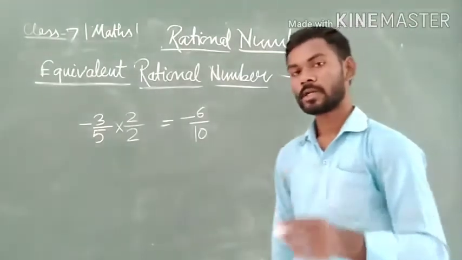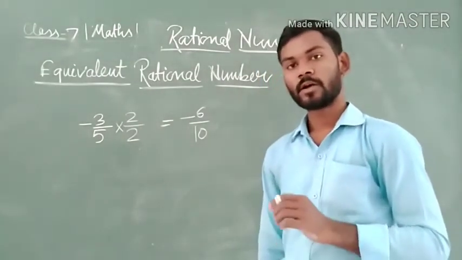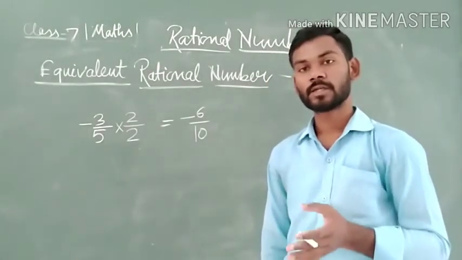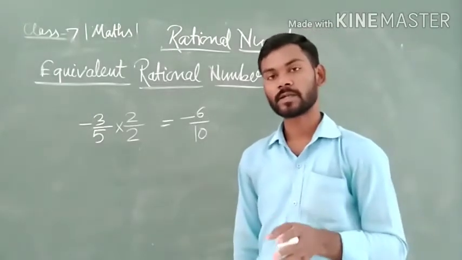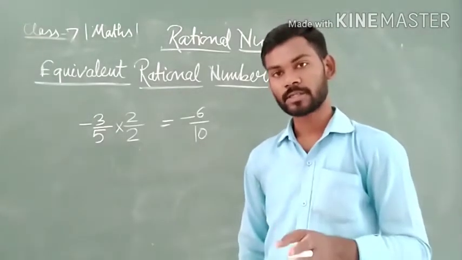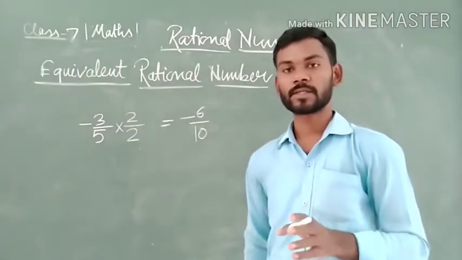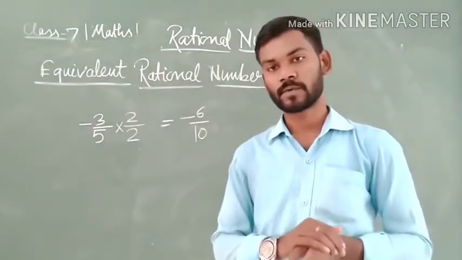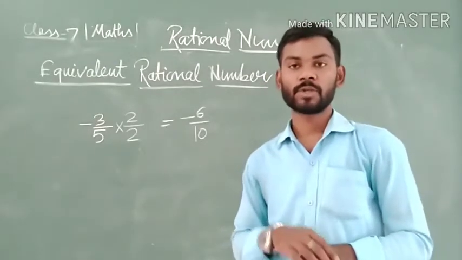So in order to find the equivalent rational number of a given rational number, we just apply the concept of equivalent fractions. There is no difference between the equivalency of fractions and the equivalency of rational numbers, so you just apply the same concept here.